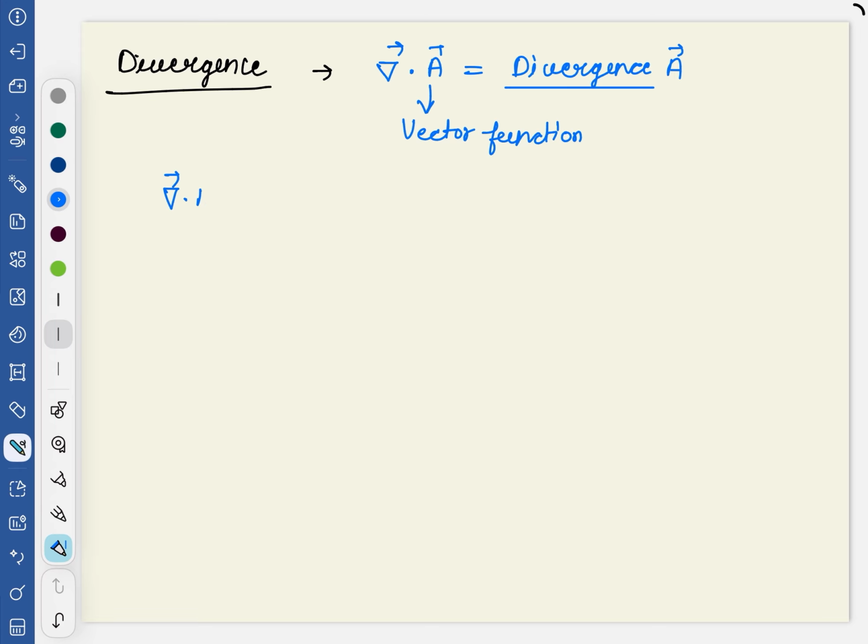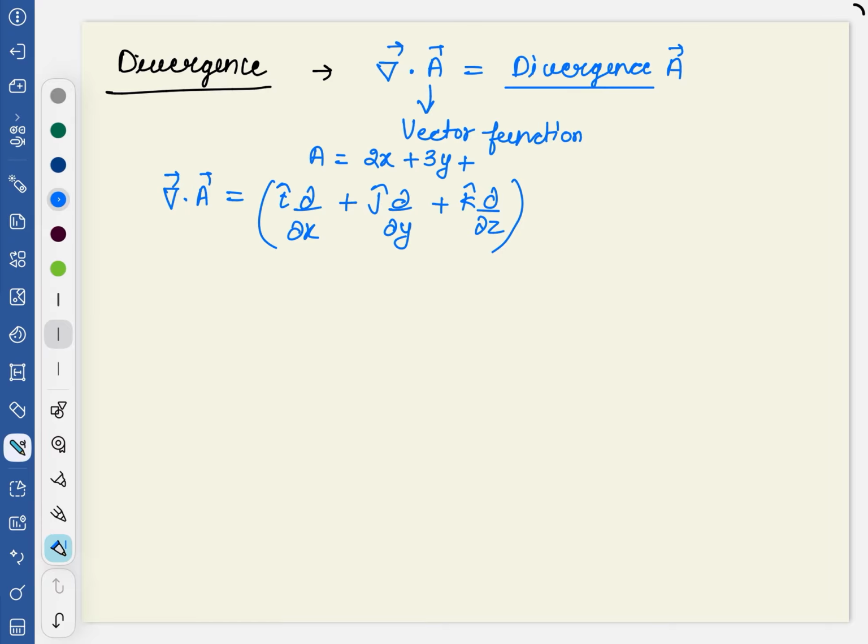Suppose we have the del operator, and vector A could be anything. So del is i cap ∂/∂x, j cap ∂/∂y, k cap ∂/∂z, and suppose the vector A is 2x i cap plus 3y j cap plus 4z k cap.